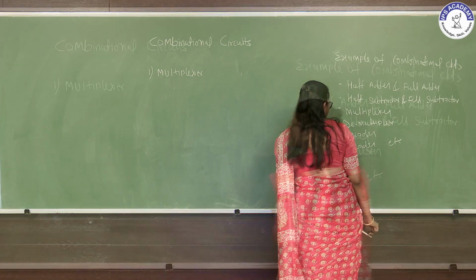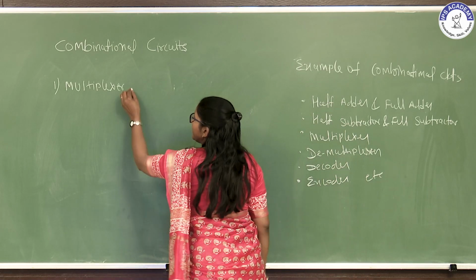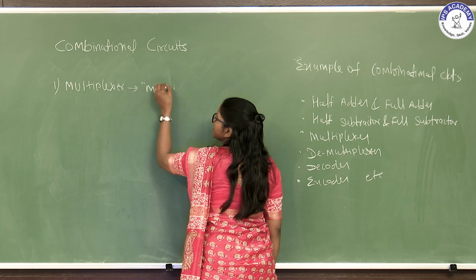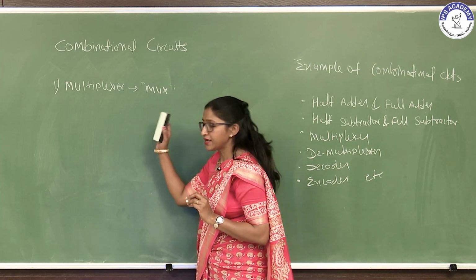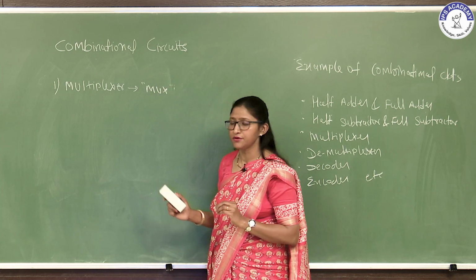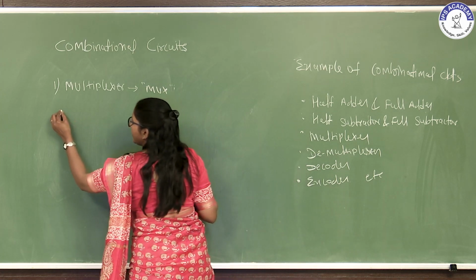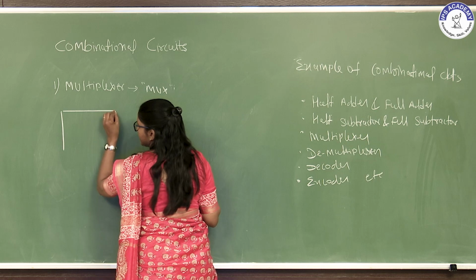So multiplexer is also known as mux. Multiplexer is again a combinational circuit which has 2 raised to the power n inputs and a single output.